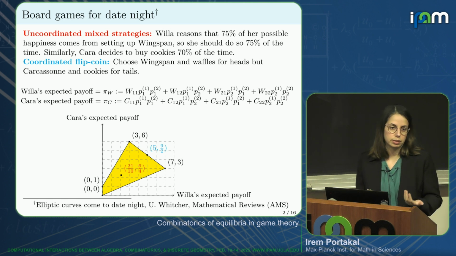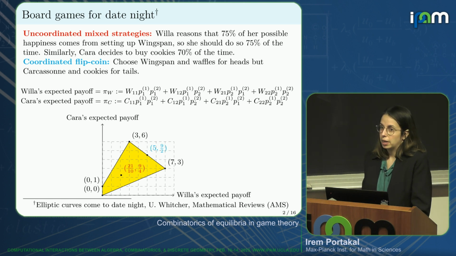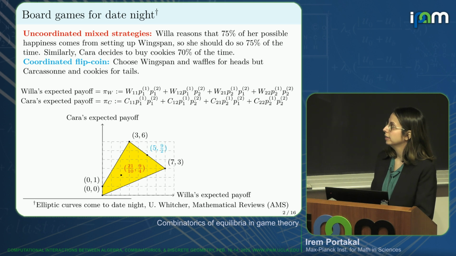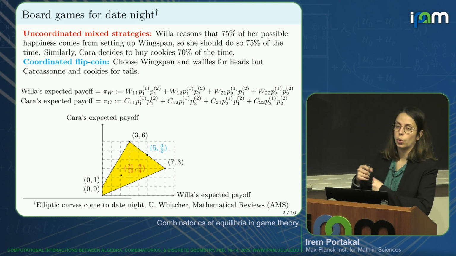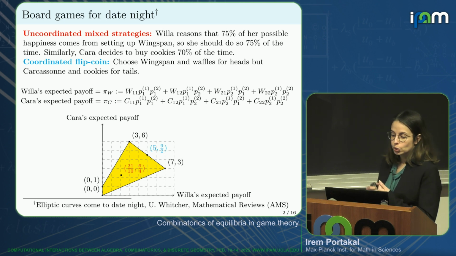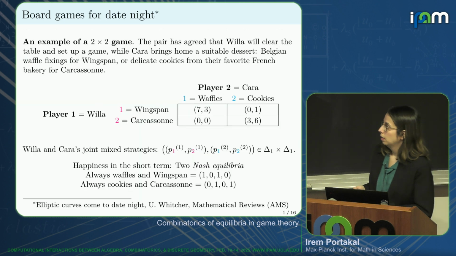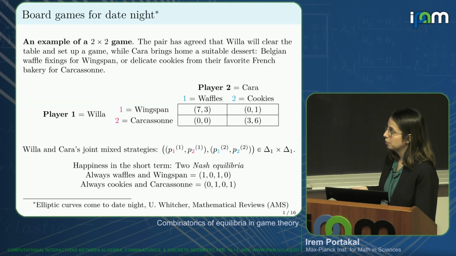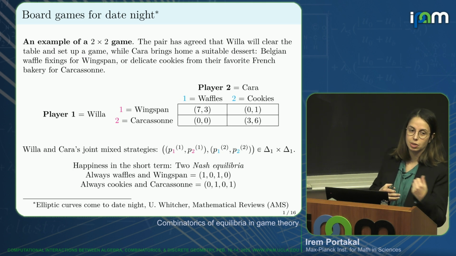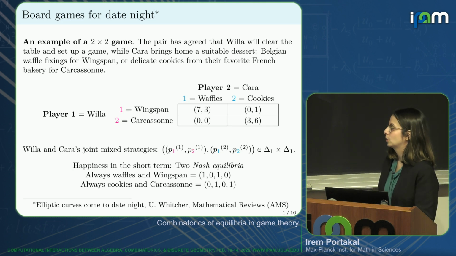So this could also be apparently a good strategy in the end. Or you can use some kind of coordination device, which is going to be just a coin in this case. I'm going to flip a coin and choose WW for heads and CC for tails. That's happiness in the short term, but we want to be fair. Maybe 50% of the time you want to choose WW and 50% of the time you want to choose CC.